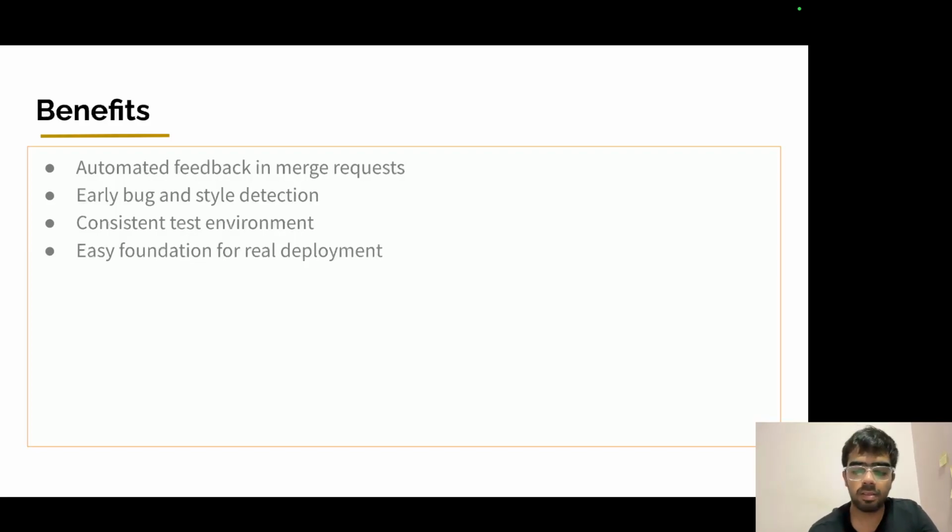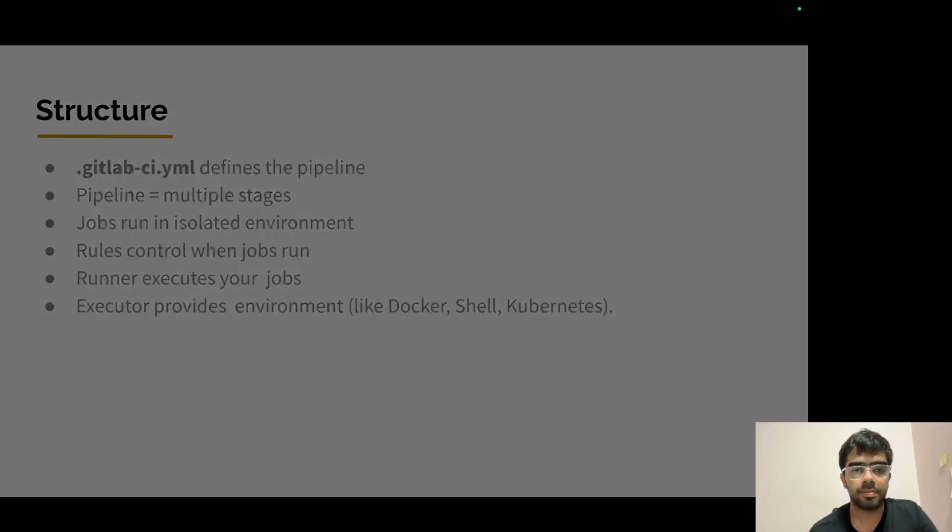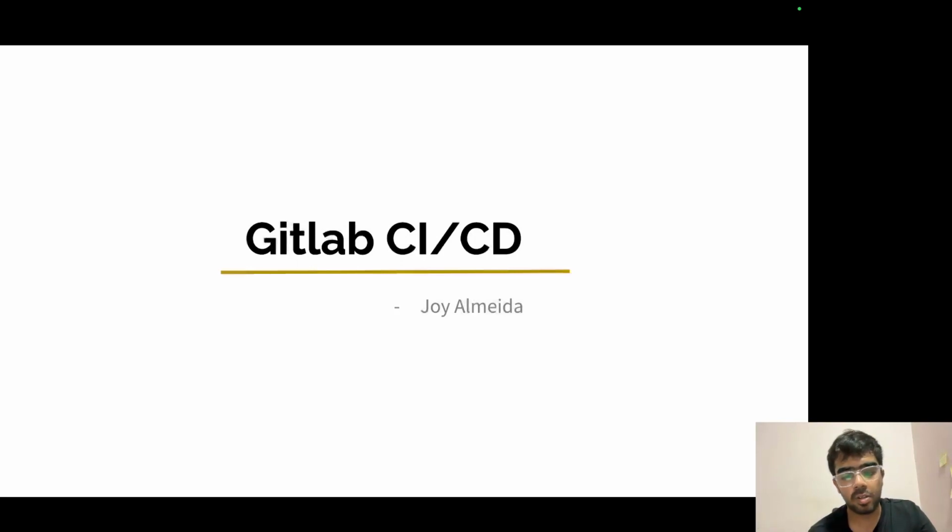So basically, what we can say through this is CI/CD automates our code workflow. Our demo pipeline was also able to cover build, lint, test, and deploy jobs. So this is a solid foundation for real projects, and you can also expand it for future deployment later.